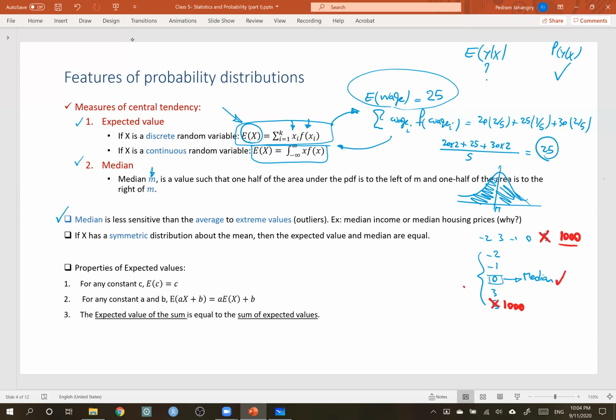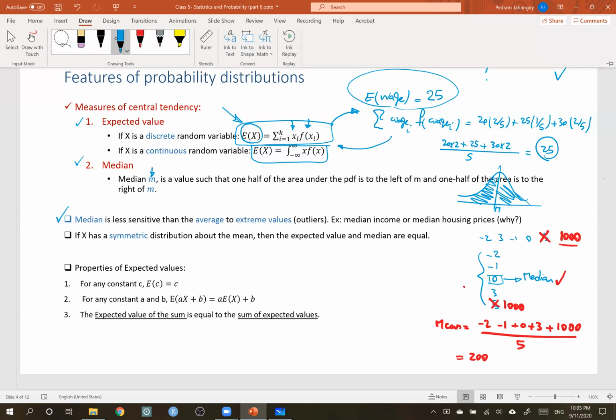What is the mean or average? Average is crazily different, right? So it's -2, -1, +0, +3, +1,000, and then divided by 5, right? So it's 1,000 divided by 5, the average is going to be 200. But look at the average for the blue observations.